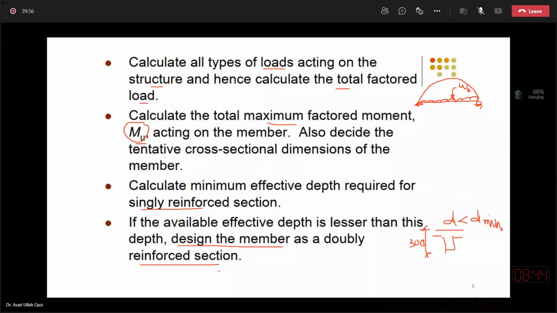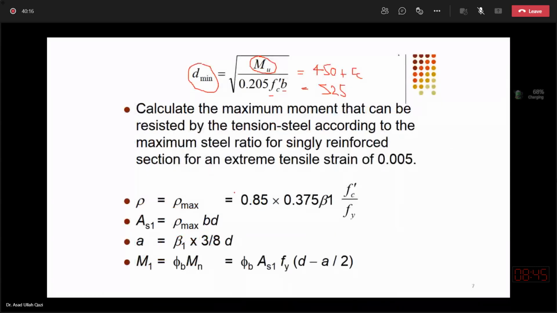So if this situation comes, design the member as a doubly reinforced member if your d is less than d minimum. Once this situation has arisen, from this bullet onward we are now following step by step the doubly beam design procedure.